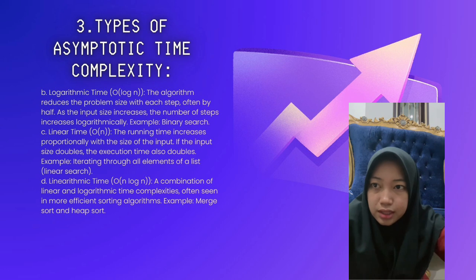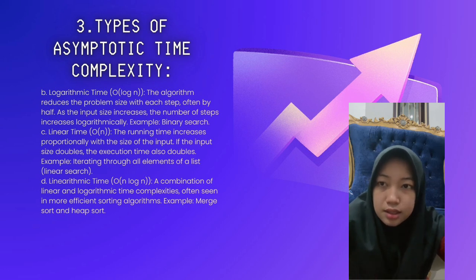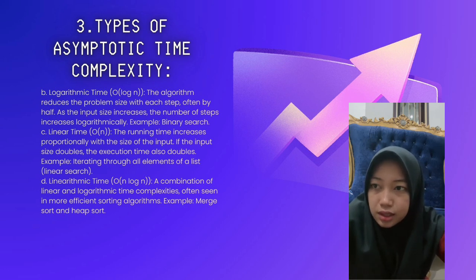As the input size increases, the number of steps increases logarithmically. An example is binary search. C. Linear time O(n). The running time increases proportionally with the size of the input. If the input size doubles, the execution time also doubles.